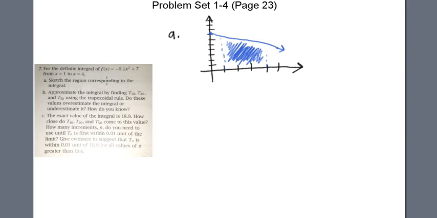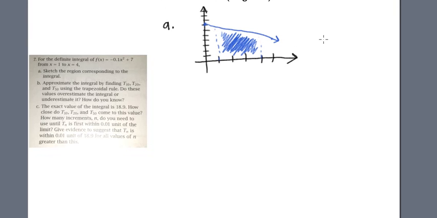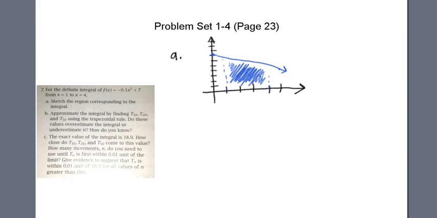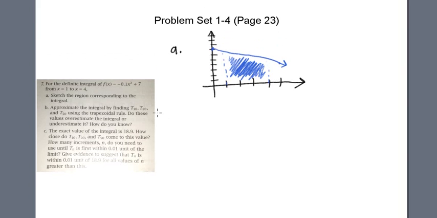Now, it wants us to approximate the integral by finding T10, T20, and T50. So it's going to take a bit of work, so let's go ahead and start cranking it out. Let's go ahead and do T10, and then we'll quickly go through the others. So T10 is going to equal, if we broke up a width of 3 by 10, it means that every trapezoid is 0.3 wide.